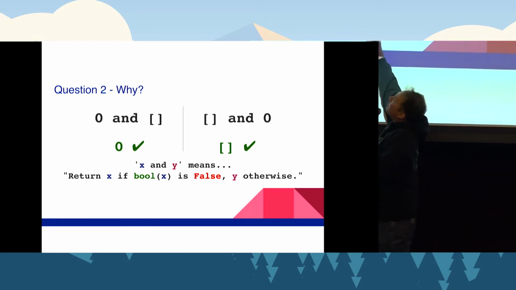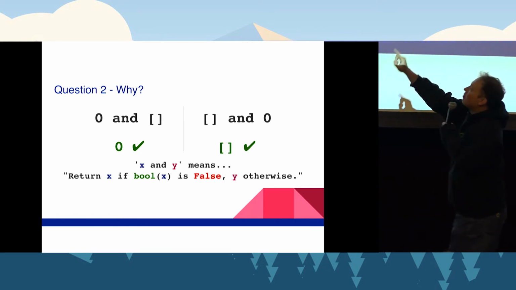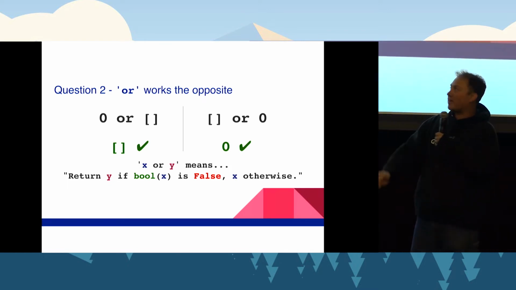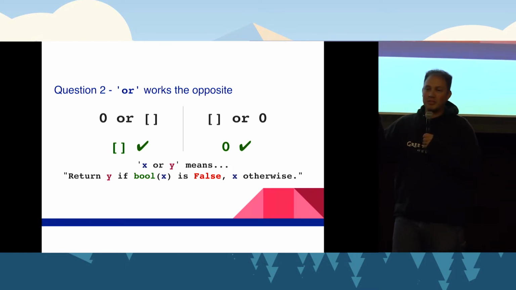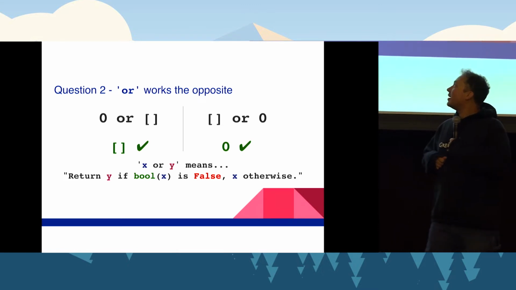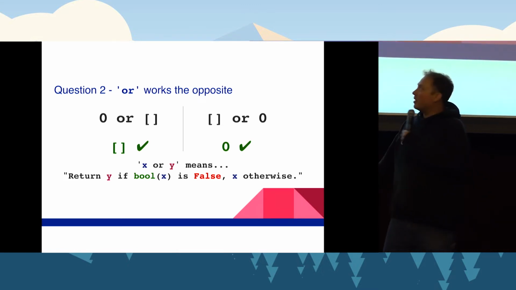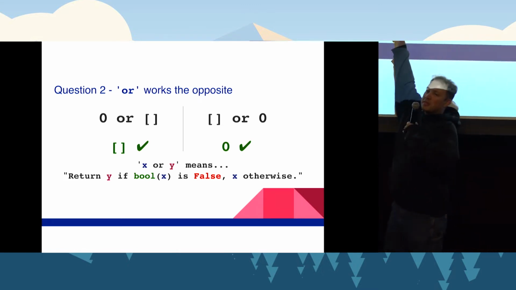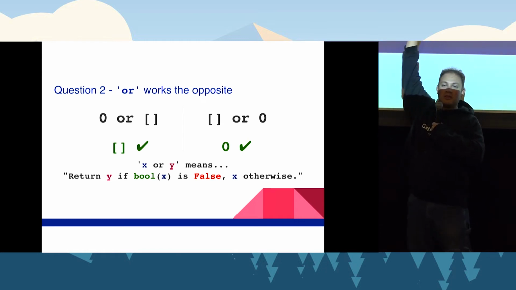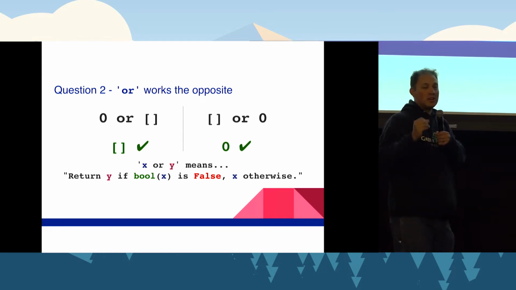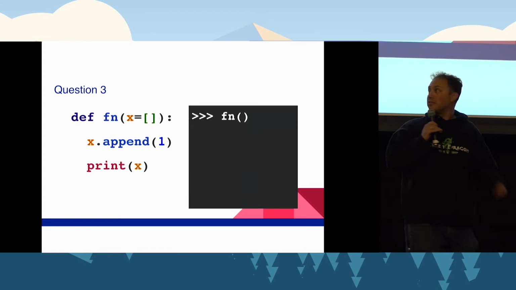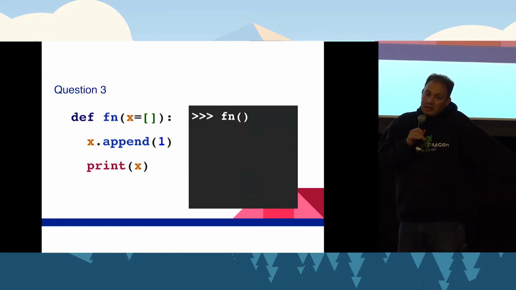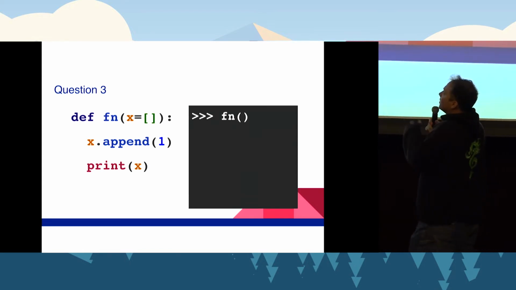What we have is x and y means return x if the bool cast of x is false, else return y. The same is true for or. The only thing different is what we're returning. So if you're setting a variable to the answer of a Boolean expression, that's a bad thing.